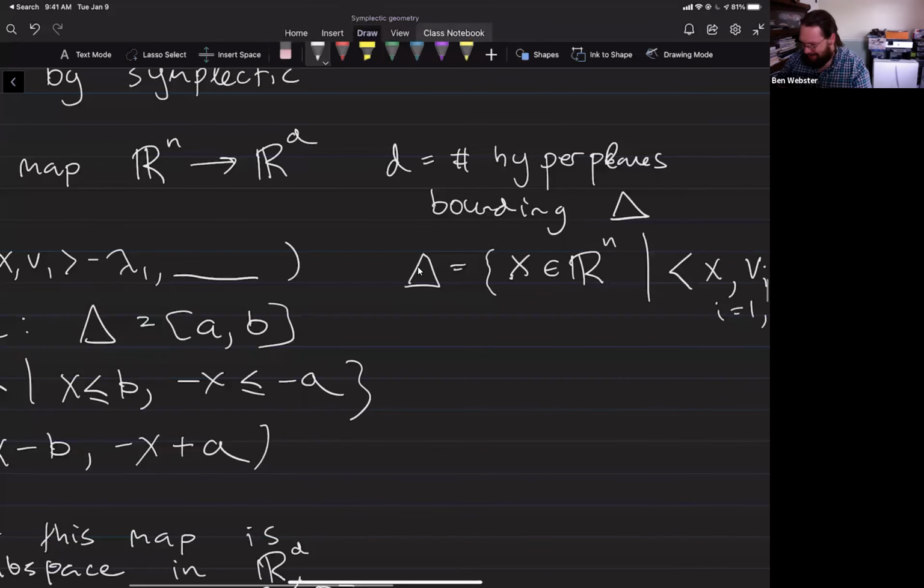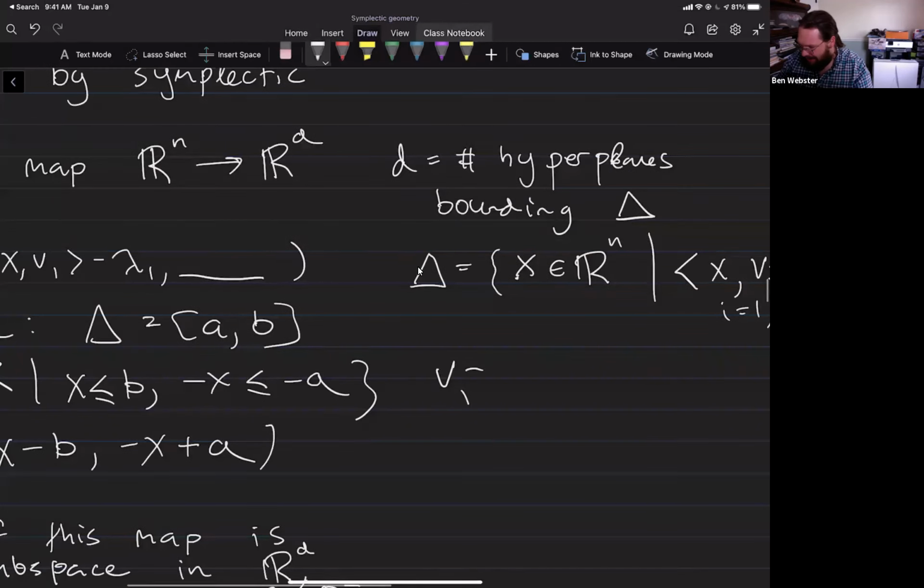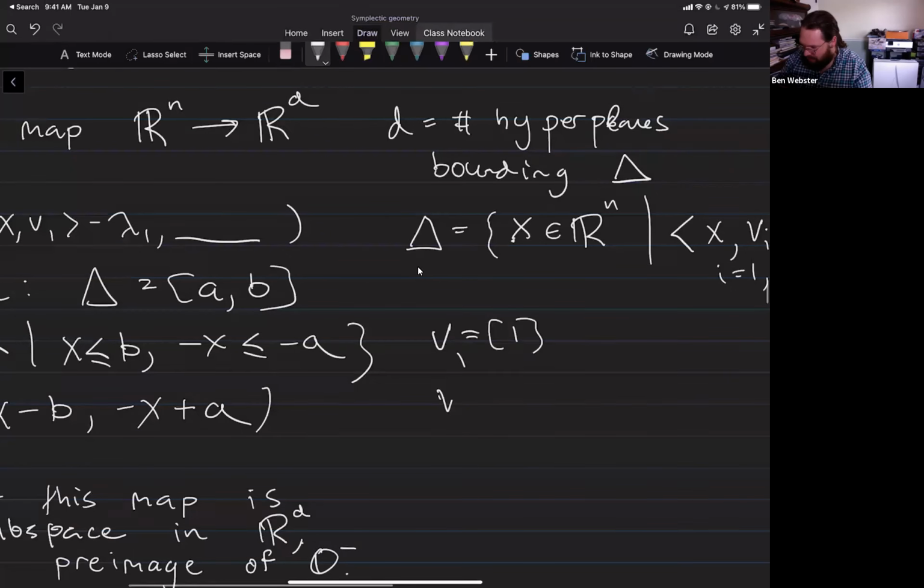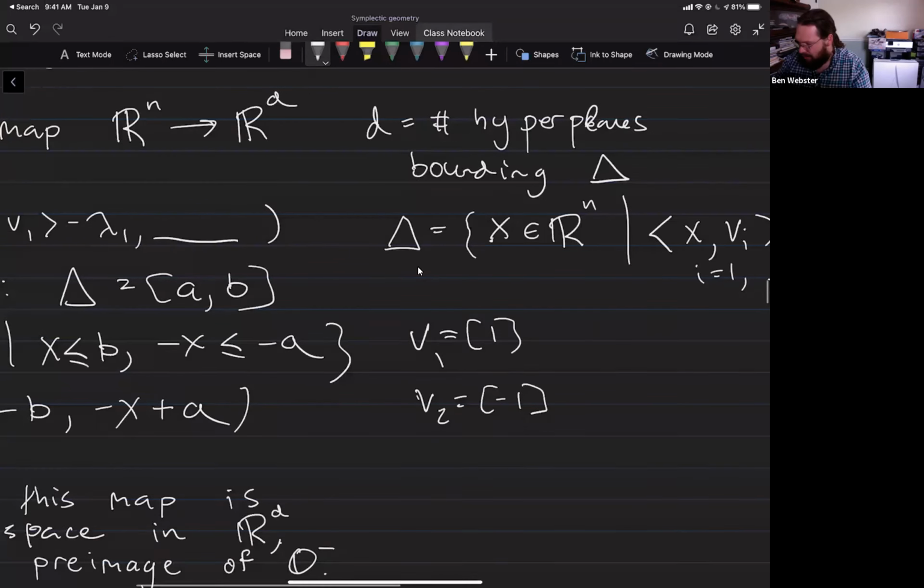Let me say, for the sake of completeness, that this means v_1 is the vector 1, v_2 is the vector minus 1, and lambda_1 is b, lambda_2 is minus a.